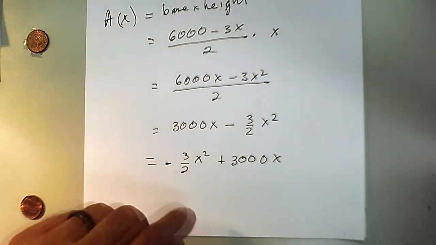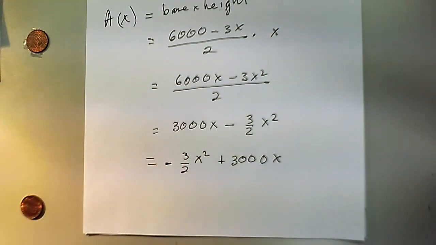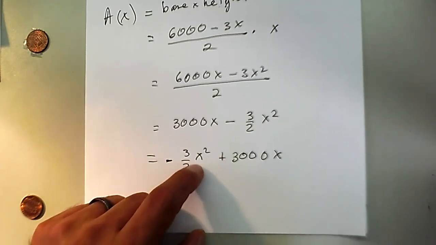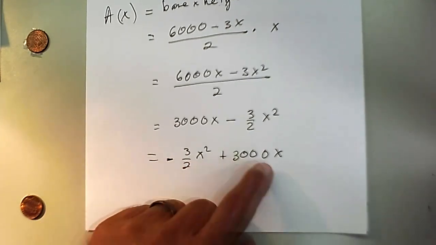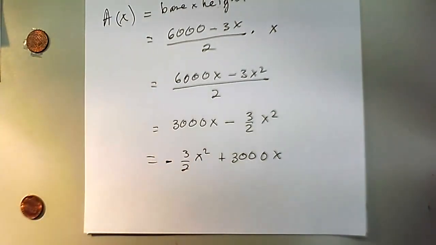Now, we don't want the vertex, or, no, I lied. We do want the vertex. What I meant to say is we don't want the y-intercept or the x-intercept. So that means we don't want to have 0 for x, and we don't want to put this equal to 0. That can be misleading.